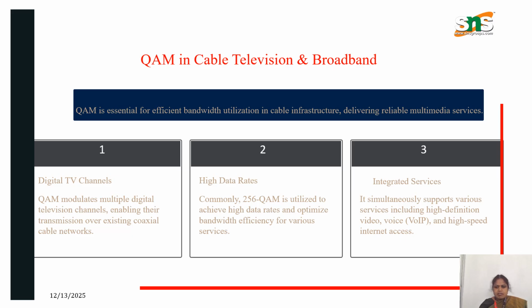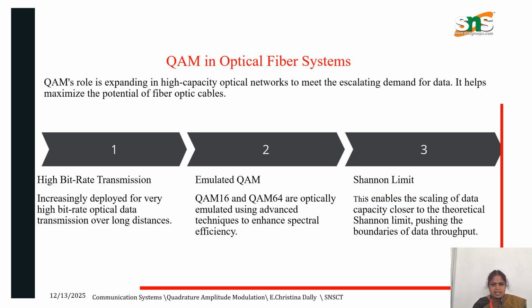We use it for high definition video and high speed internet access, and 256 QAM is used to achieve high data rates, and we have multiple digital television channels that exist over coaxial cables.